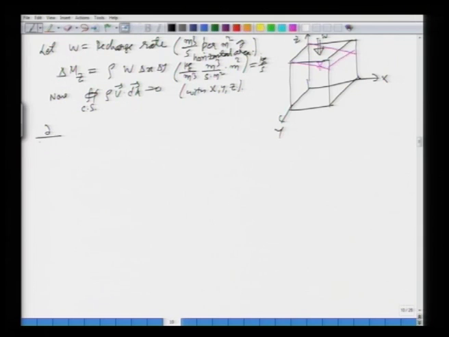It will be del by del x of rho v x h del y del x, that was part 1, plus del by del y of rho v y h delta x times delta y. Now, plus you have the third term which is rho W del x del y.